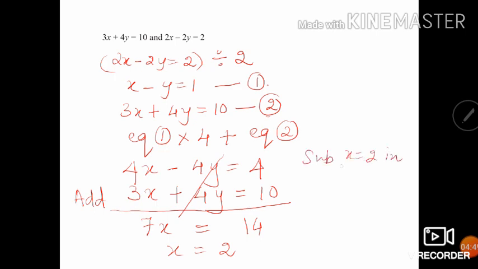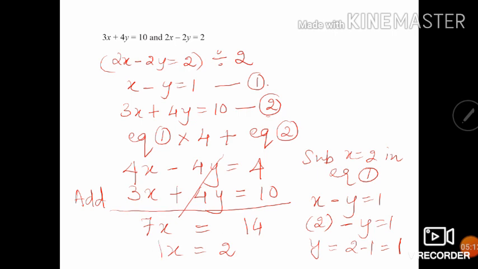So x minus y equal to 1 will be 2 minus y equal to 1. Rearranging the terms, y is equal to 2 minus 1, which is equal to 1. So x is equal to 2 and y is equal to 1 is our answer.